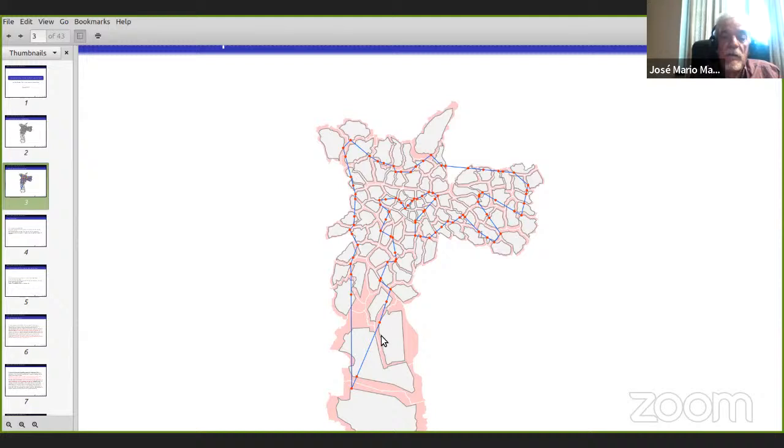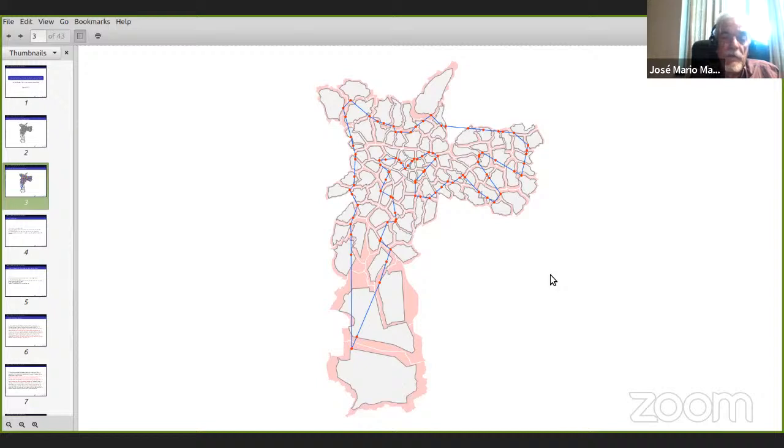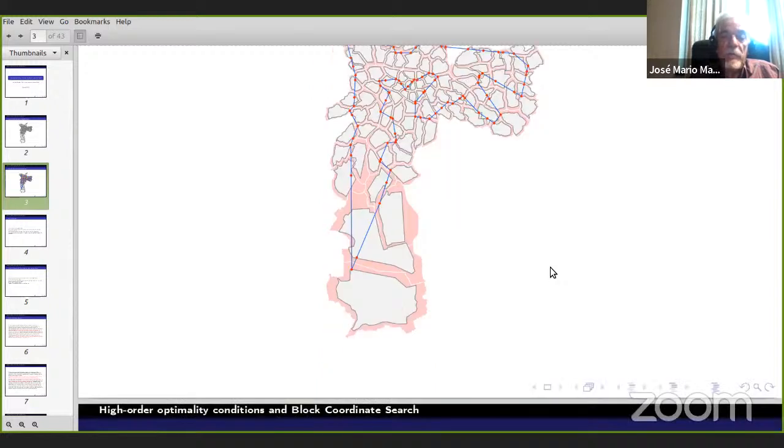That is to say, we need to determine both the sequence of neighborhoods and the points, a station in each neighborhood, that represent the vertices of the route that we want to determine. So this is a motivating problem for our coordinate search strategy.